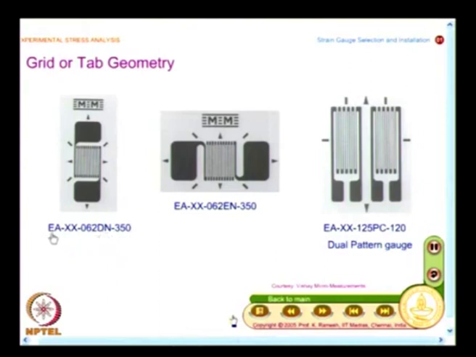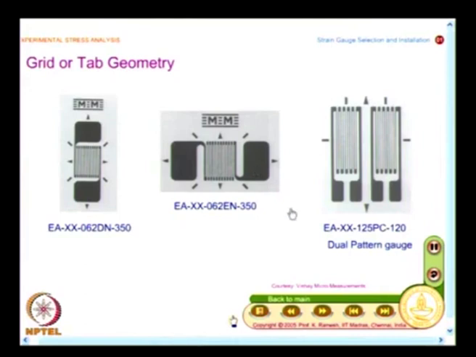So, E denotes the carrier backing, A denotes advanced alloy, and XX denotes, depending on the specimen material, I will have to select my self temperature compensation number. That is why this is not listed. So, the same kind of pattern will be available for a set of base specimen materials, and there is a kind of gauge where this is horizontal.